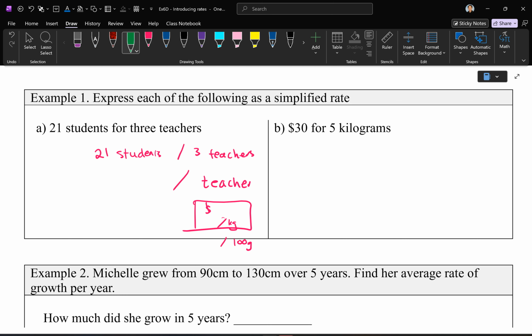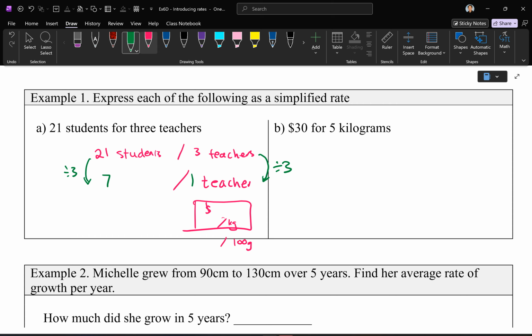So in this case here, instead of 3 teachers, how do we mathematically go from 3 to 1? What do we have to do, Leon? Yeah. 3 teachers divided by 3. 3 divided by 3 gives me 1 teacher. But whatever you do to one side of the rate, you have to do to the other side as well. So whatever you do, you keep them the same because it's the same rate. So divided by 3, 21 divided by 3 gives you 7.